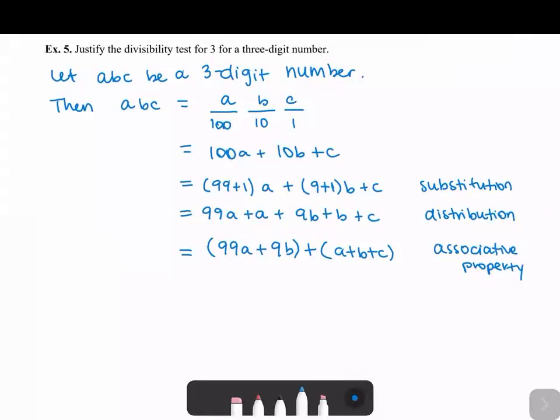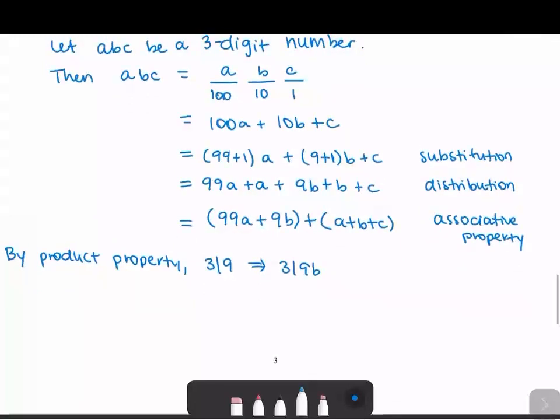So just like before, by the product property, since 3 divides 9, that tells us that 3 divides 9B, and since 3 divides 99, that tells us that 3 divides 99A.